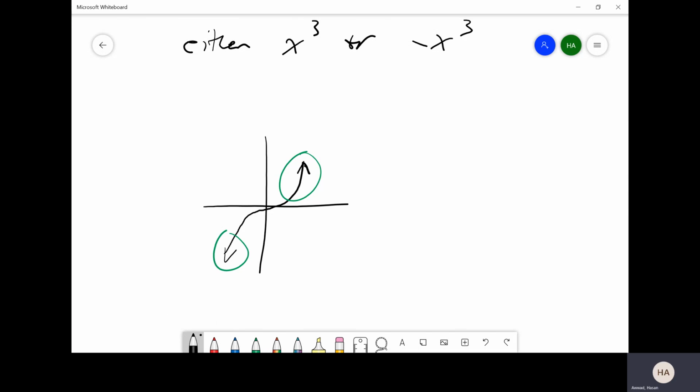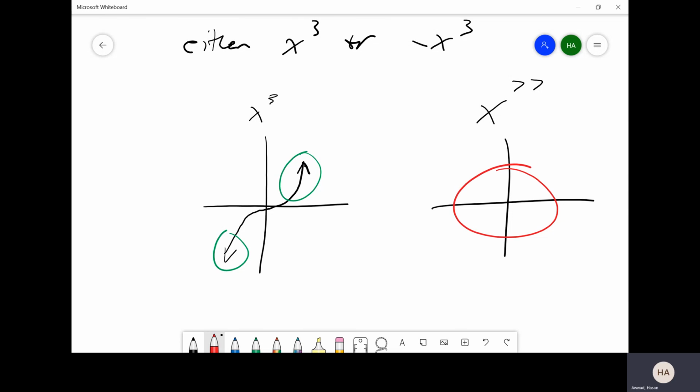So if we had, for example, x to the 77th, right? So this is x cubed. And I have no idea what's going on in this area. Couldn't tell you, no idea.